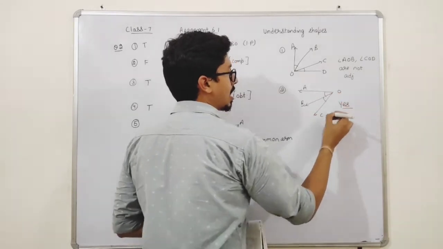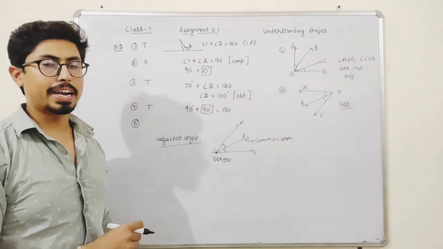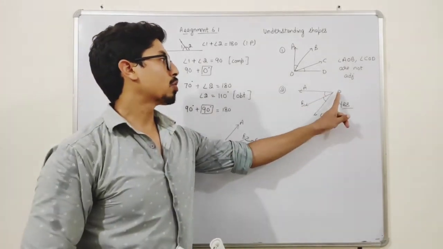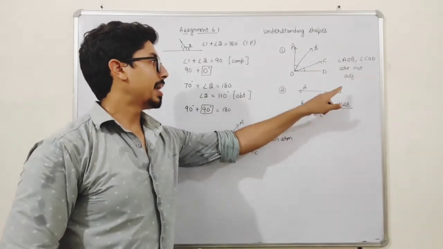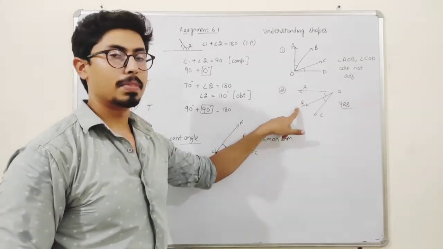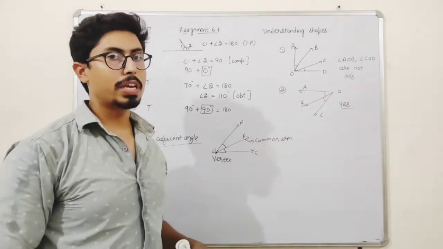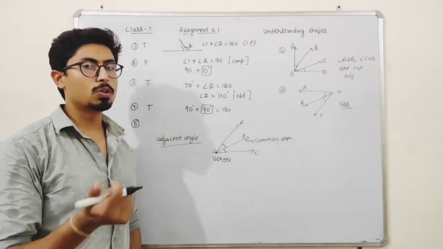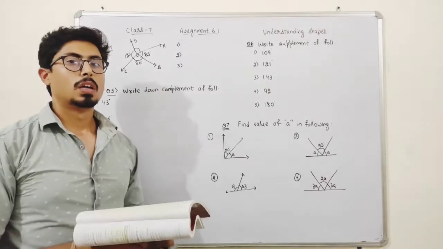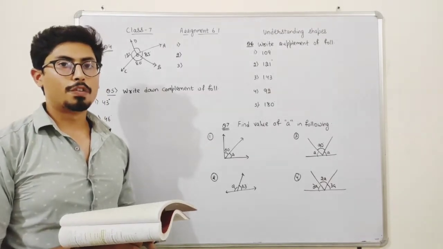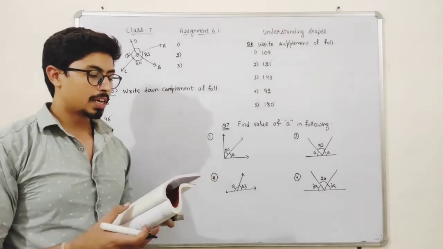Yes, students, AOB and BOC are adjacent angles because they have a common vertex O and a common arm, that is OB. So yes, AOB and BOC are adjacent.